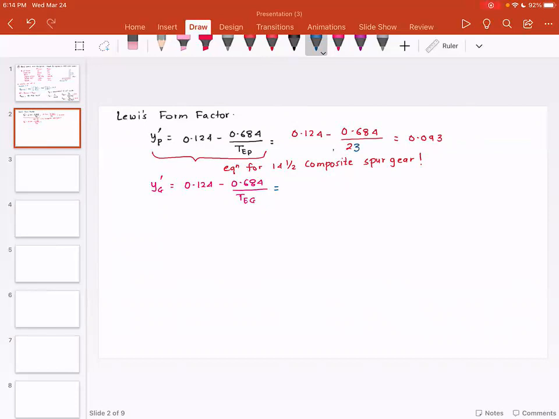Pinion is made of steel and the gear is made of cast iron. So we have to find out which of the two is weaker, either the gear or the pinion. So 0.124 minus 0.684 divided by 182 gives me 0.12. Now we have to check whether the pinion is weaker.